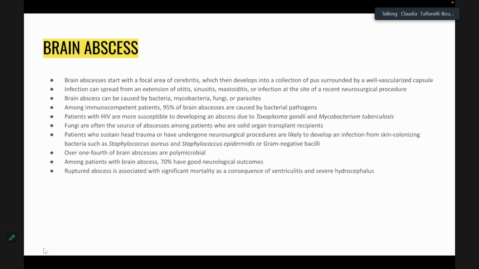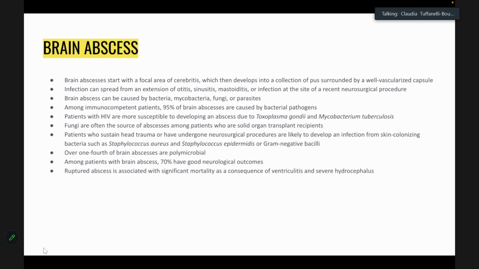And then the final kind of infectious etiology we'll talk about would be brain abscesses. A brain abscess is usually going to start as a focal area of cerebritis, and then it will develop and become a collection of pus that is usually well vascularized, kind of like an abscess anywhere else in the body, just in the brain.